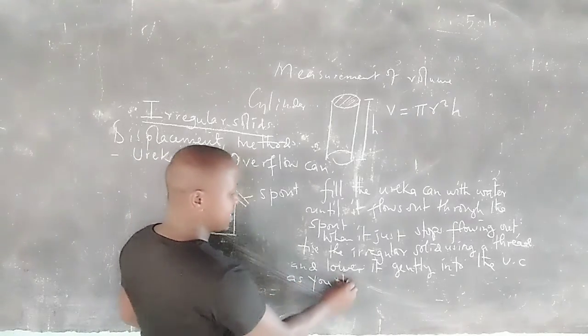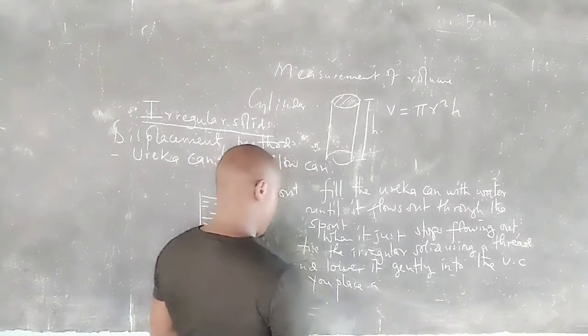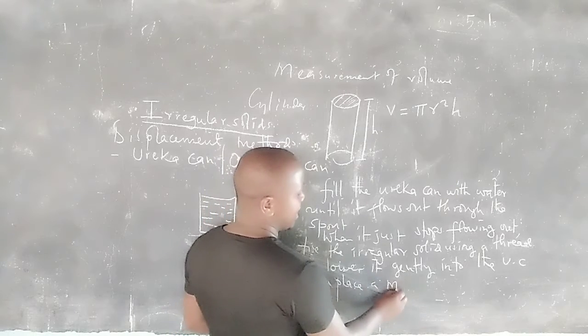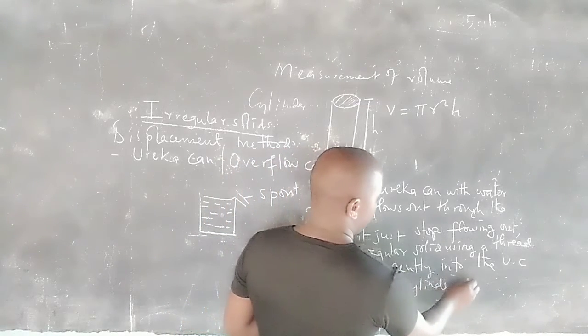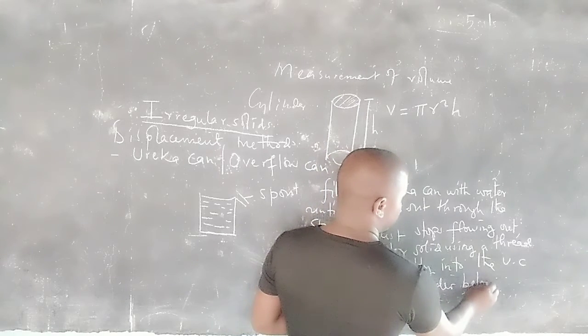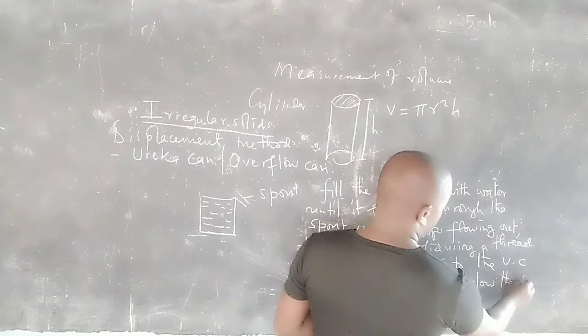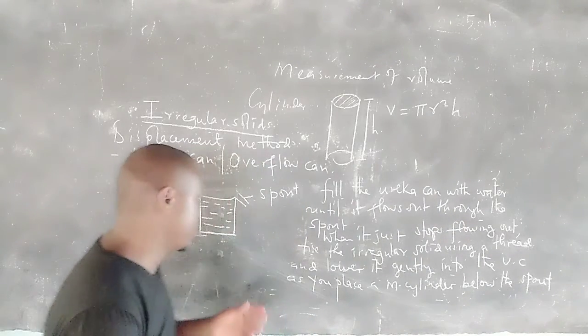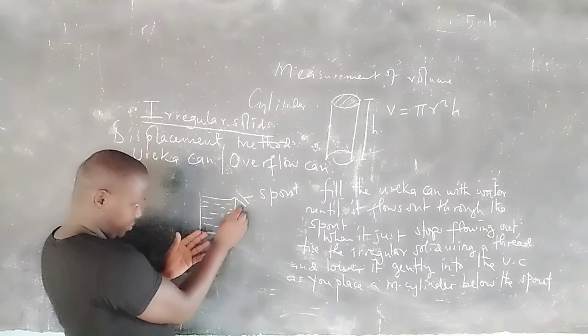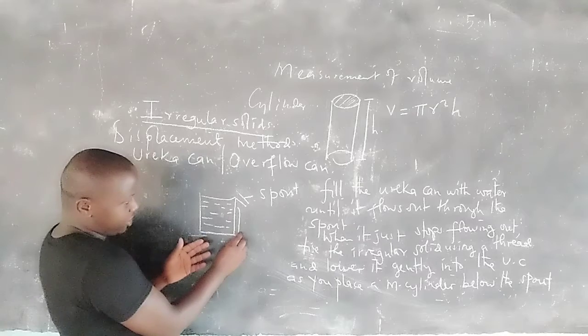As you do so, place a measuring cylinder below the spout. We place a measuring cylinder here.